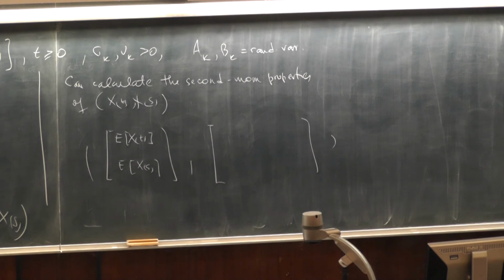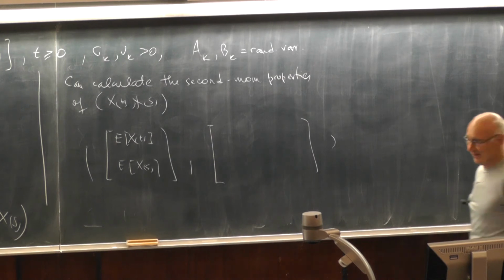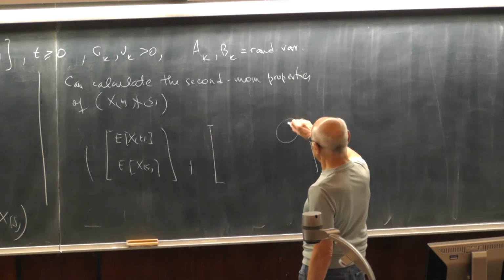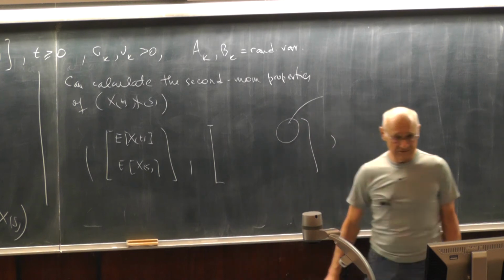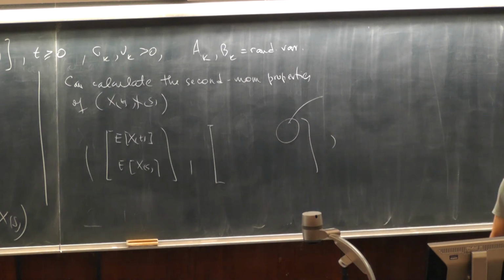I'm going to write just one term because it's too much to write. So I write the most difficult one, that is the off-diagonal term. So what shall I write here? It is the covariance of these two random variables.